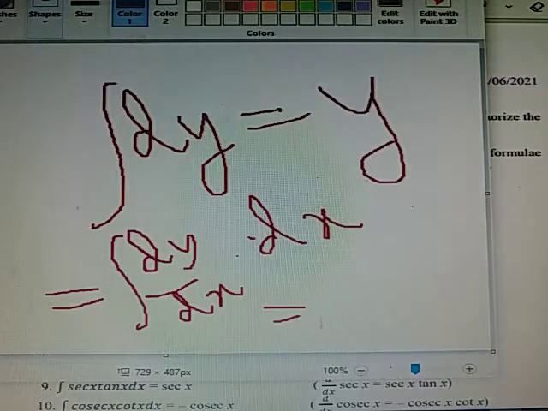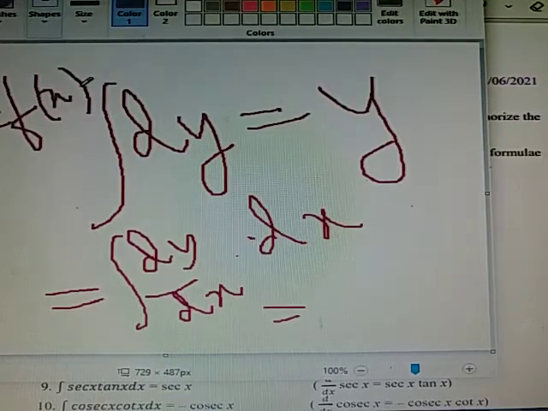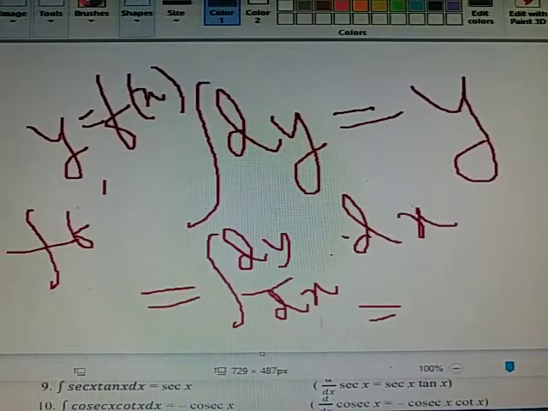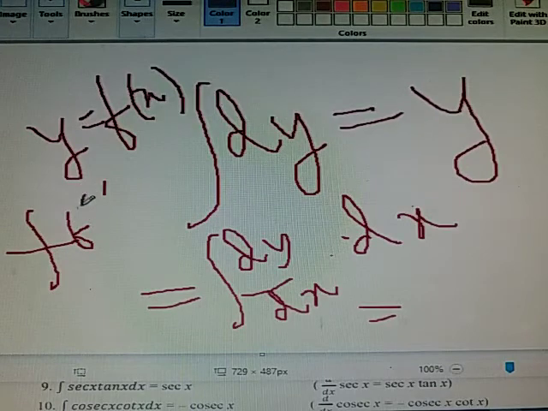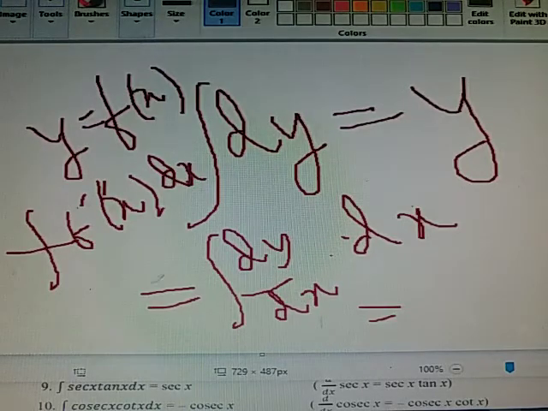So if y is f x, then integration of f dash x dx, where dy dx is f dash x, will give you y.